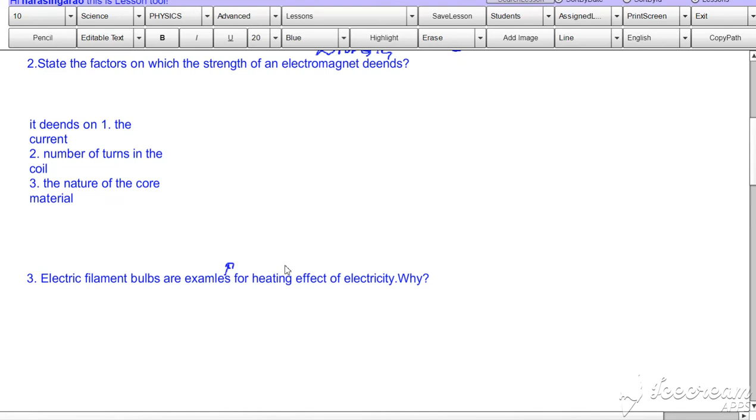The reason is that the heat produced in the filament is so high.